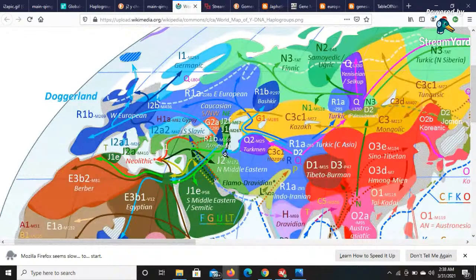Okay, so we do have, what is it, R1 here. The only thing we have is the R1 and the Q. The Q and the R are basically the same thing. This is where it gets hard to identify. Q Turkmen.